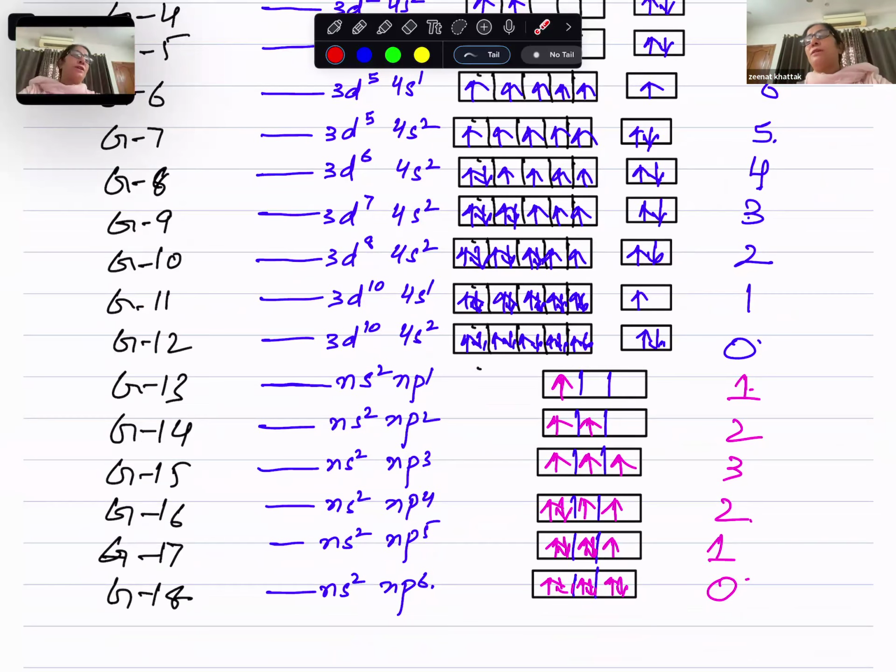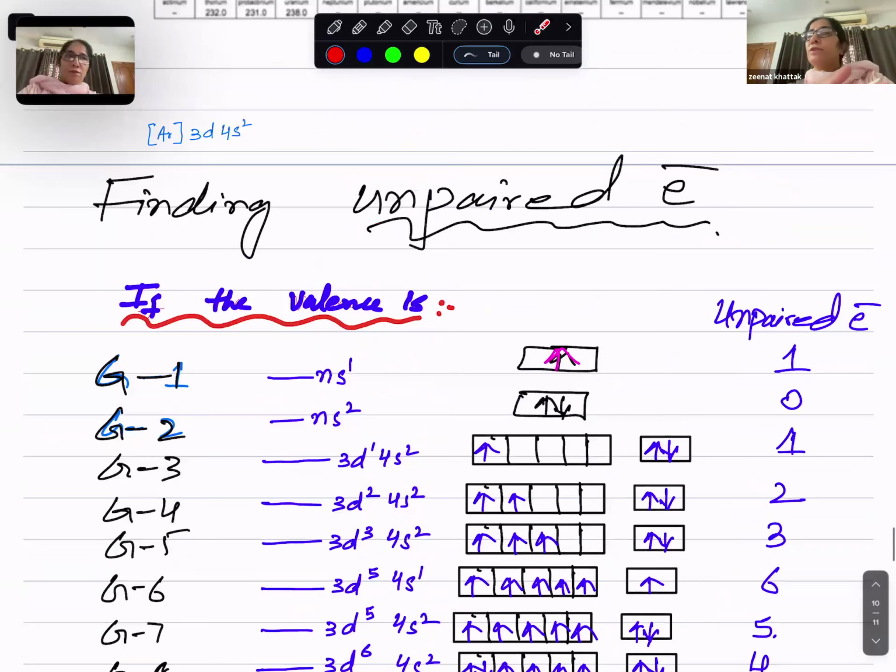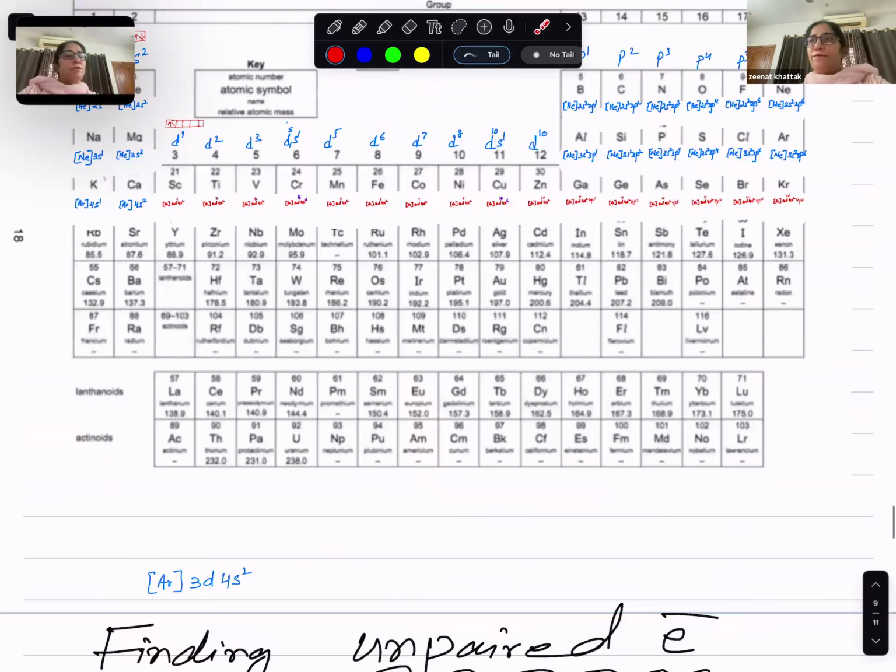If you study more, you can find something. There's too much to understand. How to calculate the radius of the shell, how to calculate the energies of the shell. We can even calculate the energy differences. All these are possible. But up to your age, this is more than enough, right?